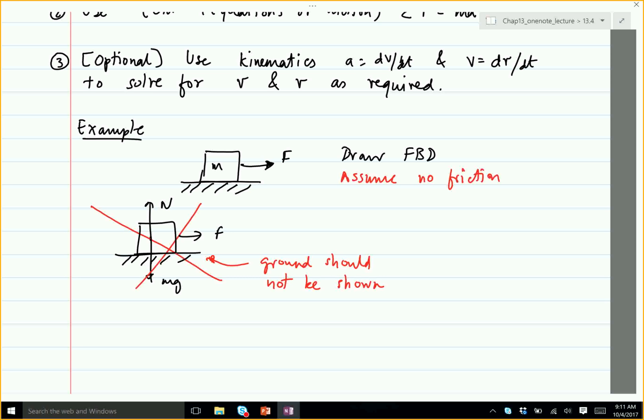How would you prefer us to show it? At the center, or at the bottom? You have to always show it at the point of contact. The reason is, for this particular section where particles can only translate, you can show it anywhere. It will not change anything here, because we are only doing sliding motion.